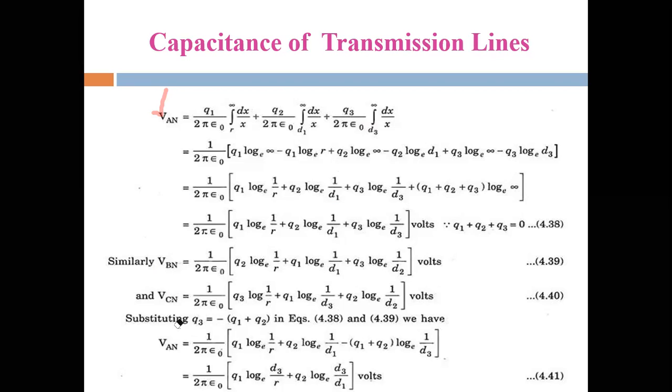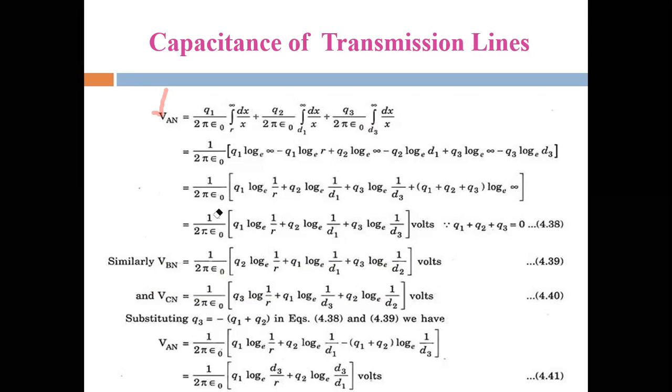Then we obtain VAN is equal to 1 by 2 pi epsilon naught Q1 log E D3 by R plus Q2 log E D3 by D1.